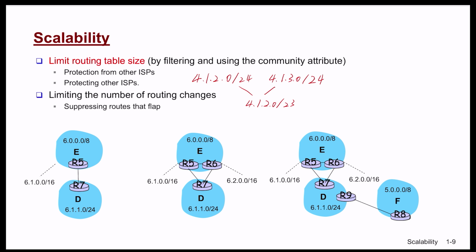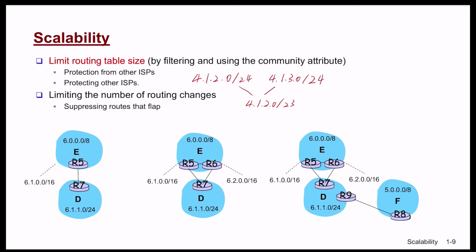If it did, then F will be advertising a longer prefix route to reach D. Since routers use the longest prefix match, all routers on the internet will prefer F's route over E's route. This problem can also be addressed by adding a community attribute as we discussed in the last situation.